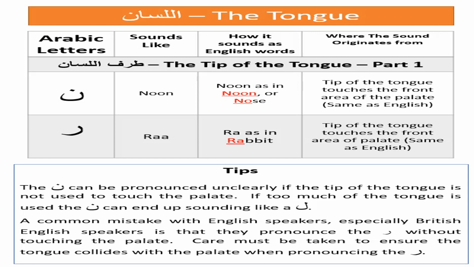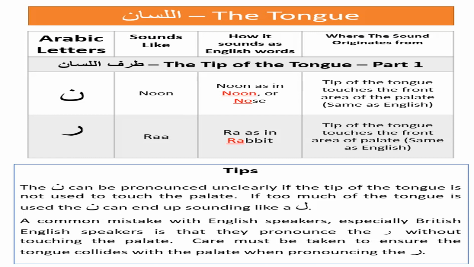The palate is the softer part and the gum is the harder part, but the gum is the root from the inside. So we're using the soft part of the palate, which is sort of in the middle. It's not in the middle of the palate, it's further forward, but we're using the tip of the tongue to pronounce this. Just to give you an example, it's like N, okay? We use the tip of the tongue and we say N. Because it's like N, it's very easy and we can move on to the next letter.